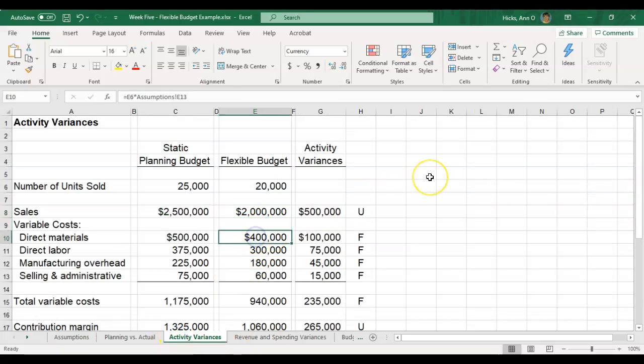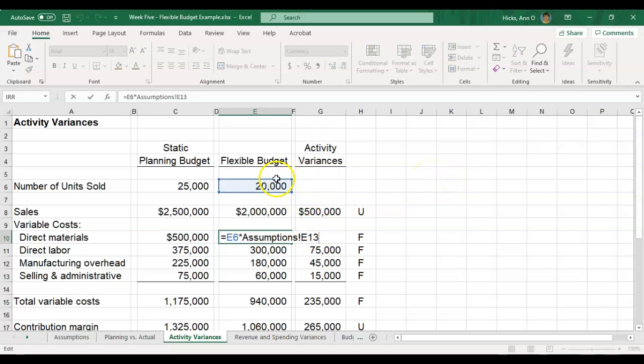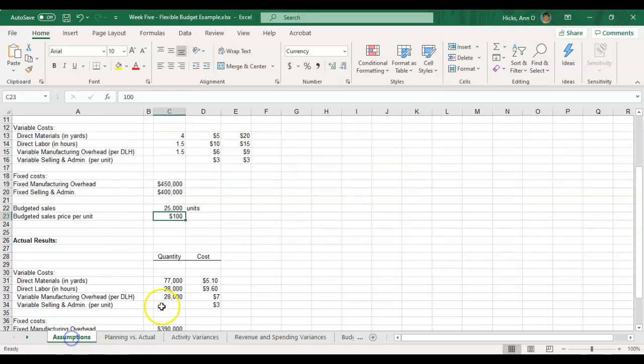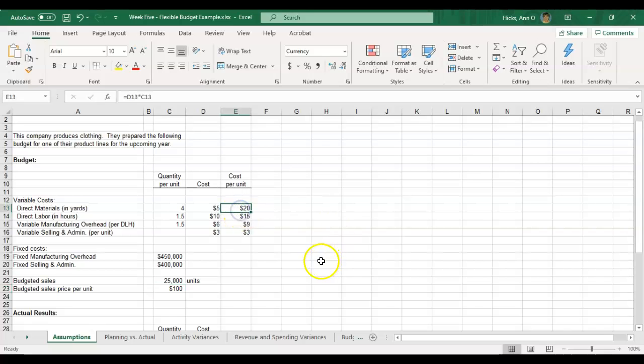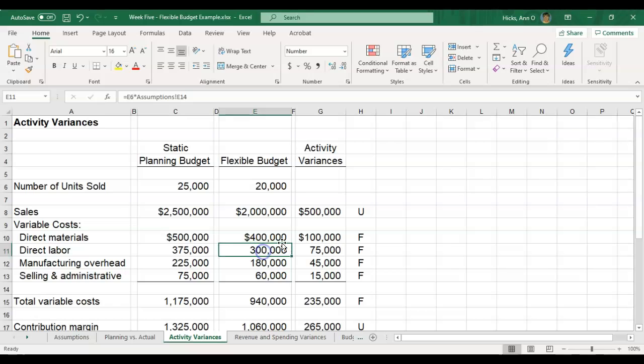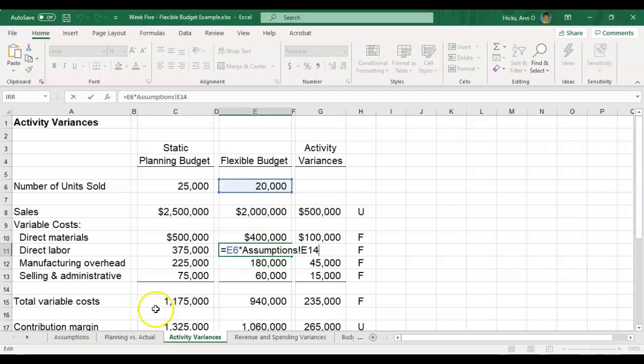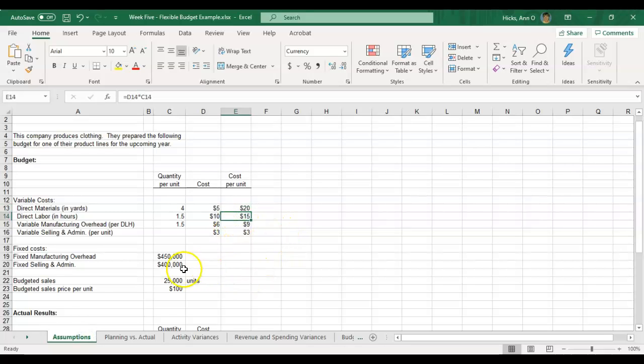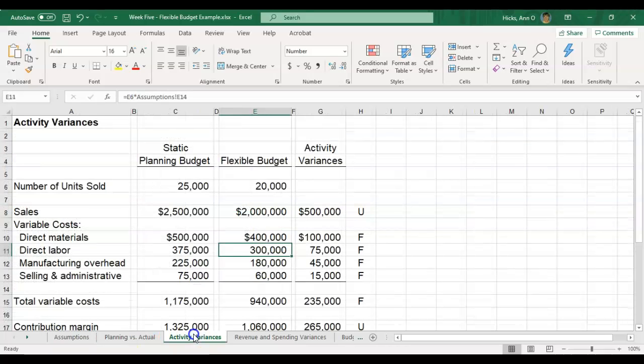The direct materials is calculated by taking the 20,000 units we sold times the budgeted cost per unit of $20. Same thing with direct labor, the 20,000 units times the $15 budgeted. Same with manufacturing overhead, same with selling and admin.